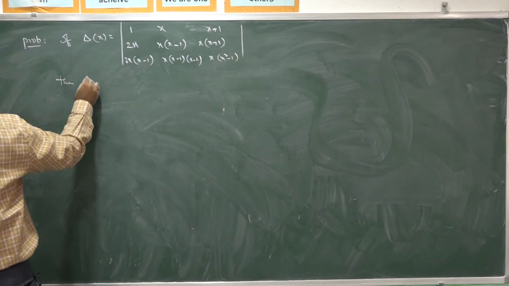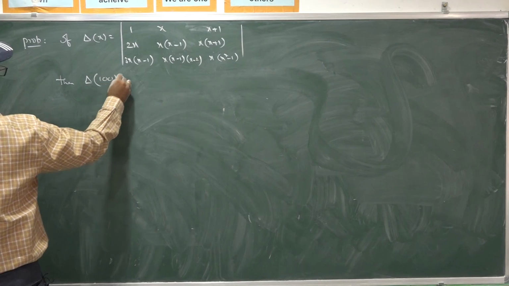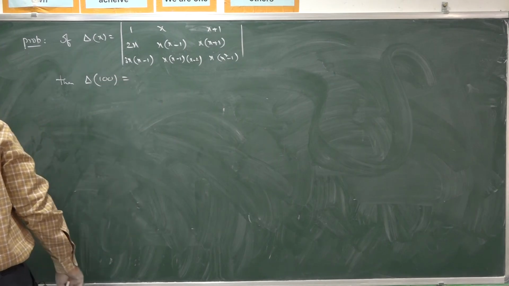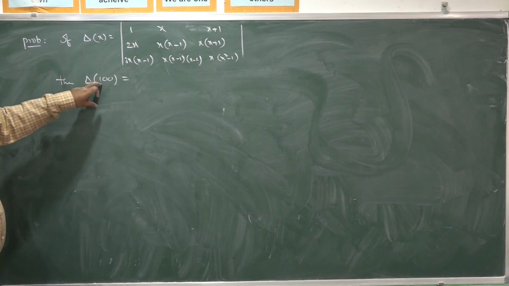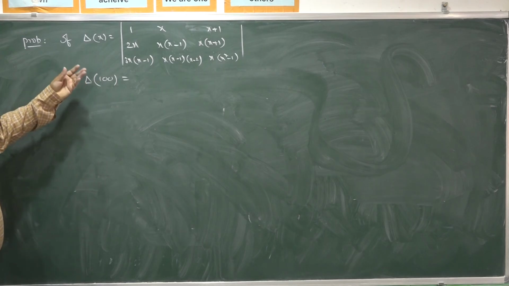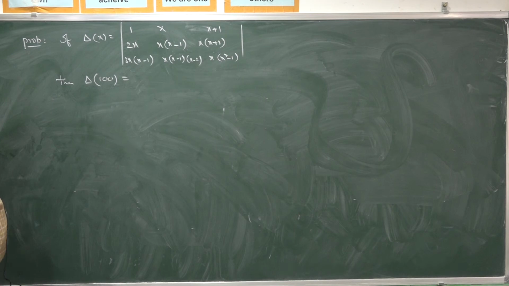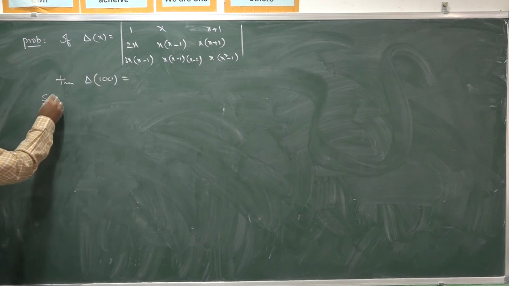Then find delta at x equal to 100. Delta is a function of x here. Now you have to find the determinant value at x equal to 100. So evaluate the determinant first and put x equal to 100.